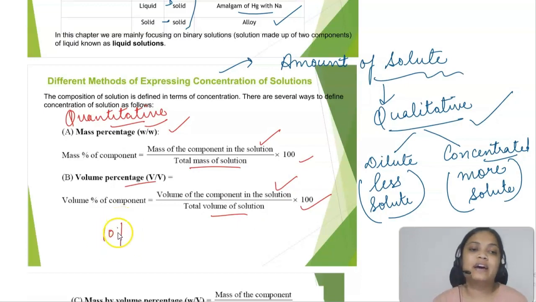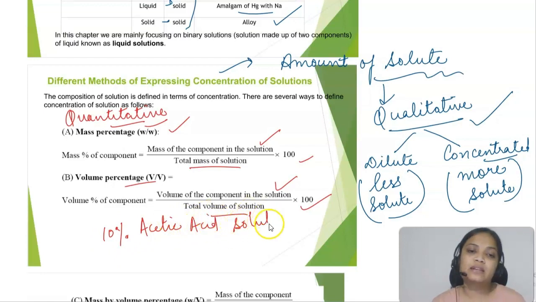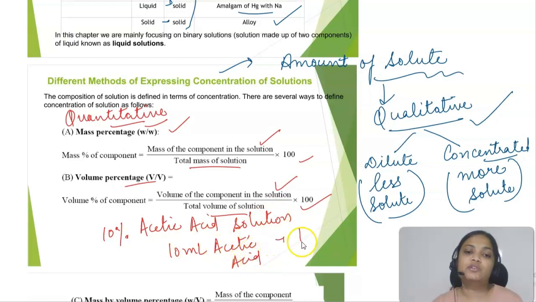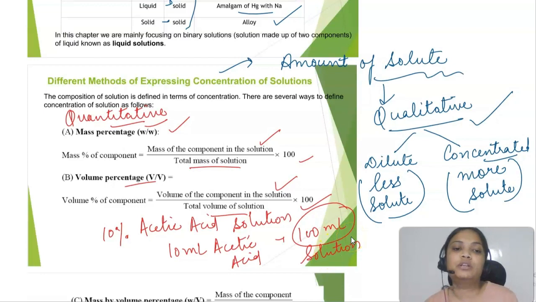Okay, like say I have 10% acetic acid solution. Now what does 10% acetic acid solution mean? It means I am having 10 ml of acetic acid which is dissolved in the solvent in such a way that the volume of the solution is 100 ml. Means in 100 ml solution I am having 10 ml of acetic acid.